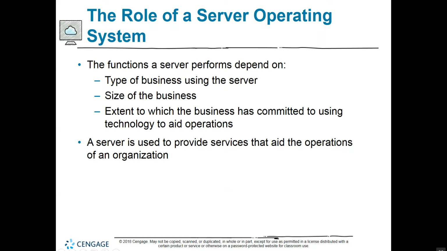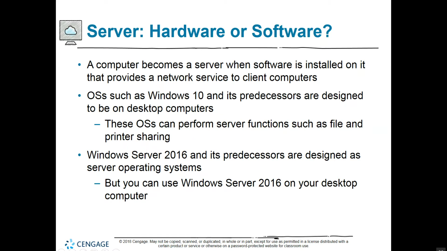The server is used to provide services that aid the operations of an organization. Okay? So a computer becomes a server when the software is installed on it that provides network service to client systems, or client computers.